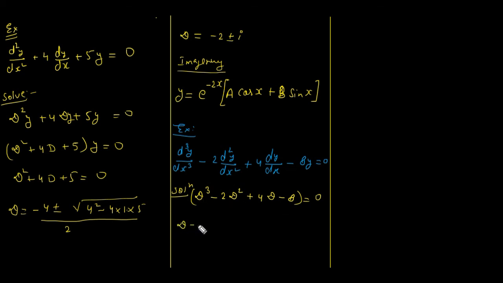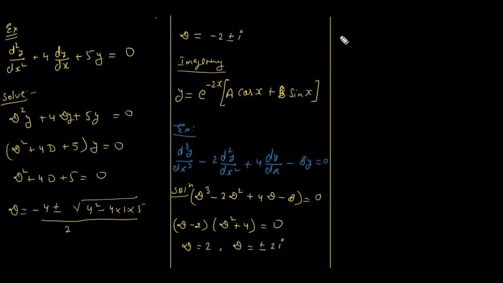So D minus 2 will be a factor of this equation and the remaining term will be D square plus 4. So roots will be D is equal to 2, and D is equal to plus minus 2i. So we have three roots, one is real and two are in conjugate pair, imaginary roots.